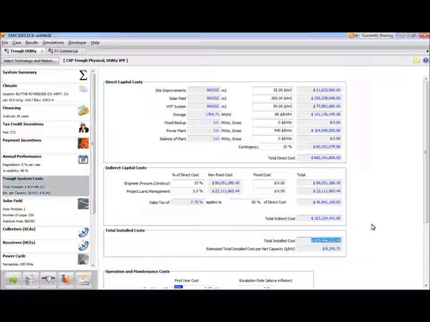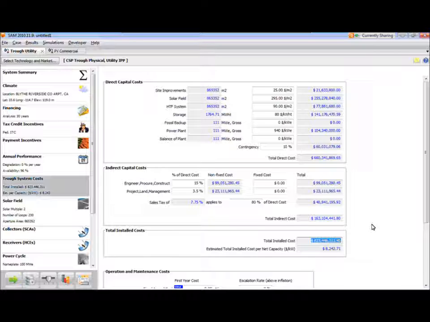And we'll examine that in more detail tomorrow when we talk about the Excel exchange feature, which makes it possible to calculate input values in SAM using Excel. So you can send values from Excel to SAM.